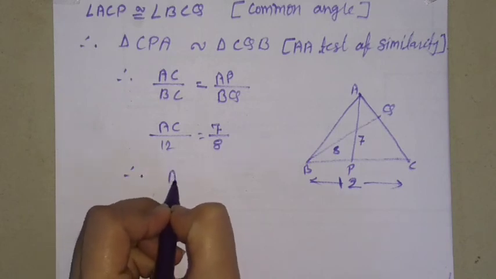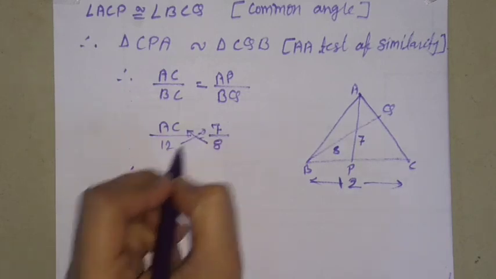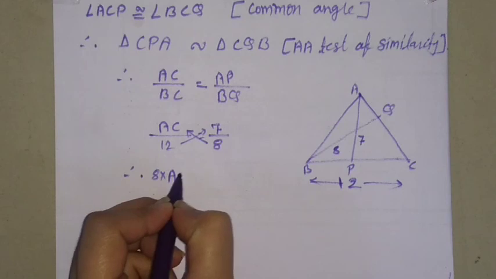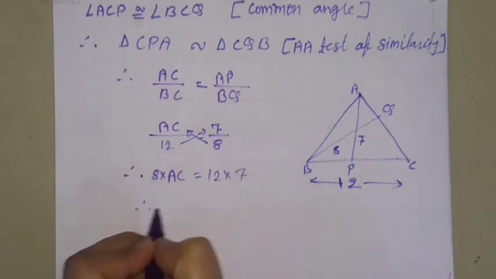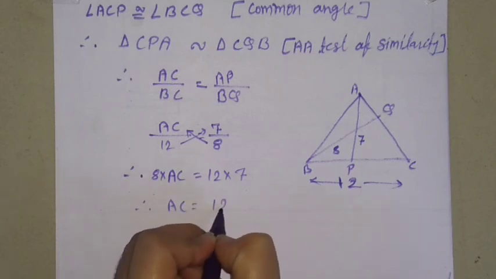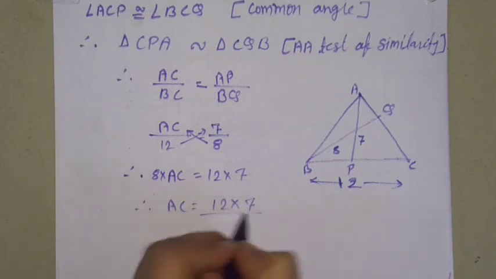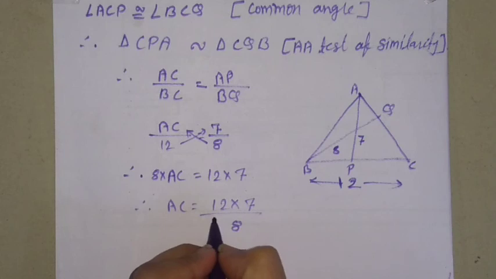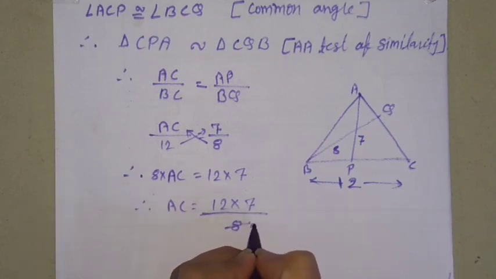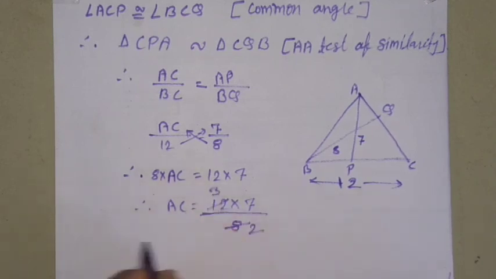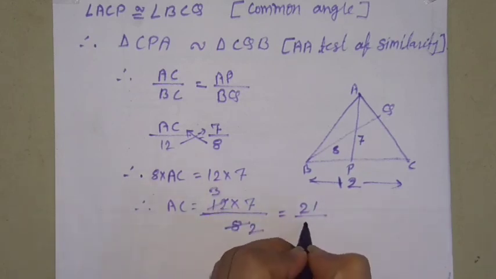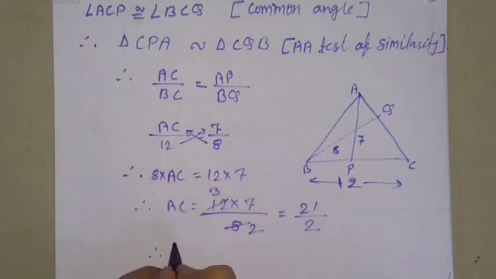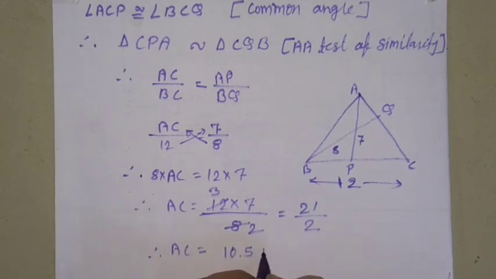Therefore, by cross multiplication, 8 into AC equal to 12 into 7. Therefore, AC equal to 12 into 7 divided by 8. 4 twos are 8, 4 threes are 12, equal to 7 threes are 21 divided by 2. Therefore, AC equal to 10.5 units.